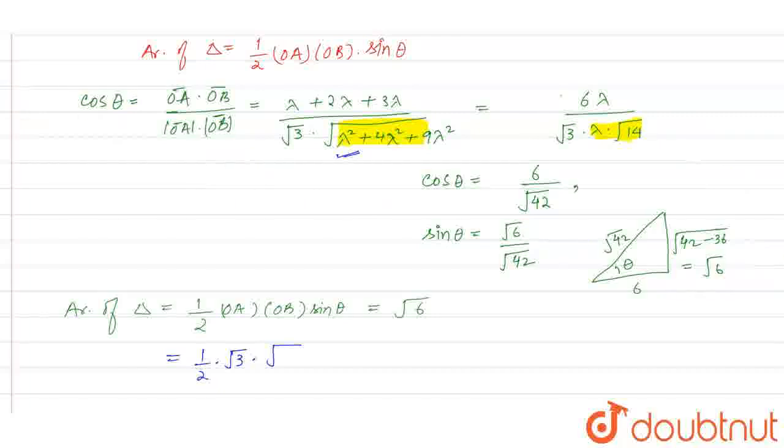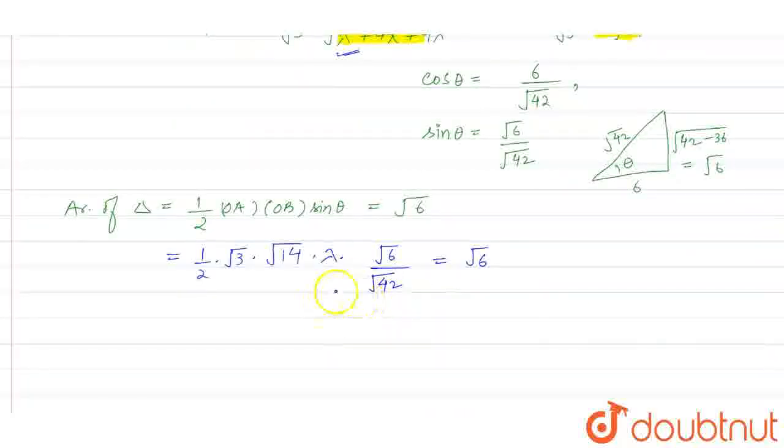So we get 1/2 times √3 times lambda √14 times sin theta, where sin theta is √6/√42, equal to √6.